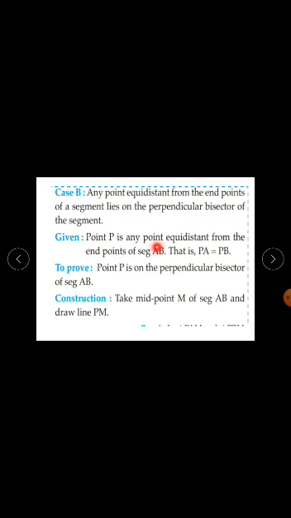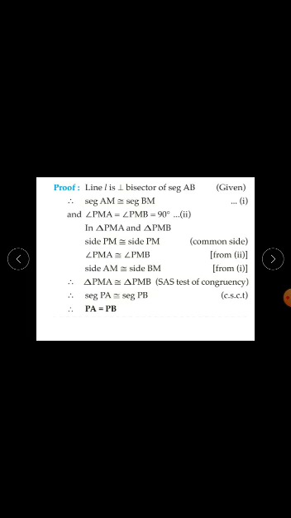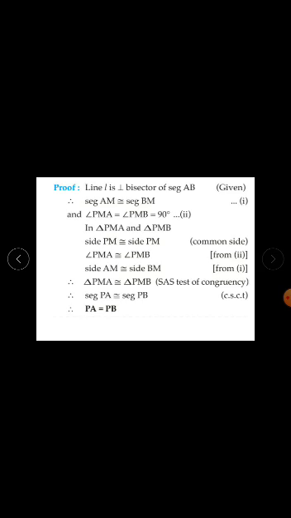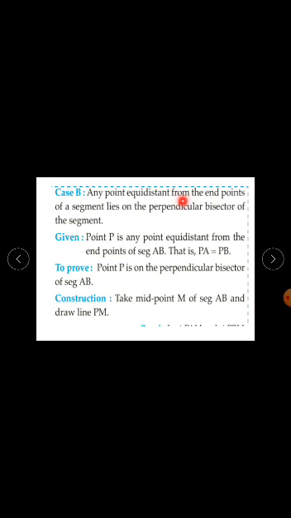Point P is equidistant from the endpoints of segment AB, that is PA equals PB.